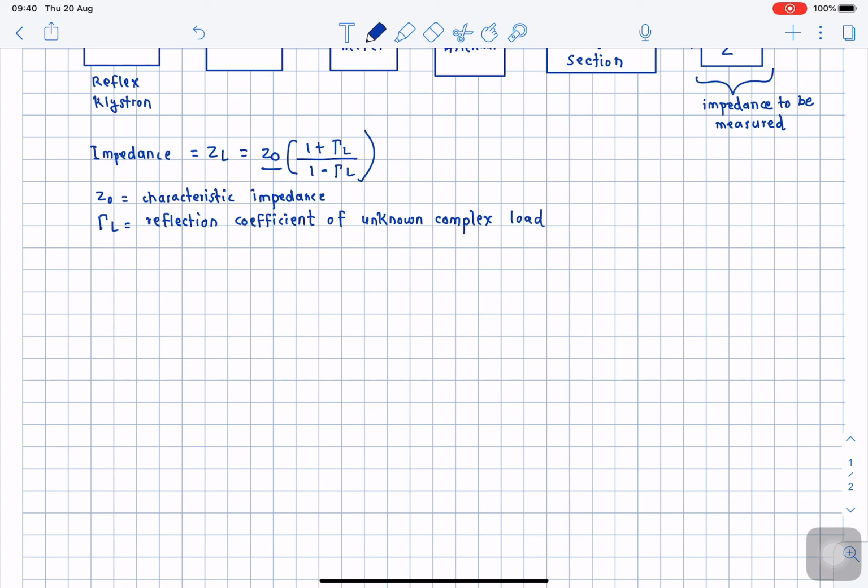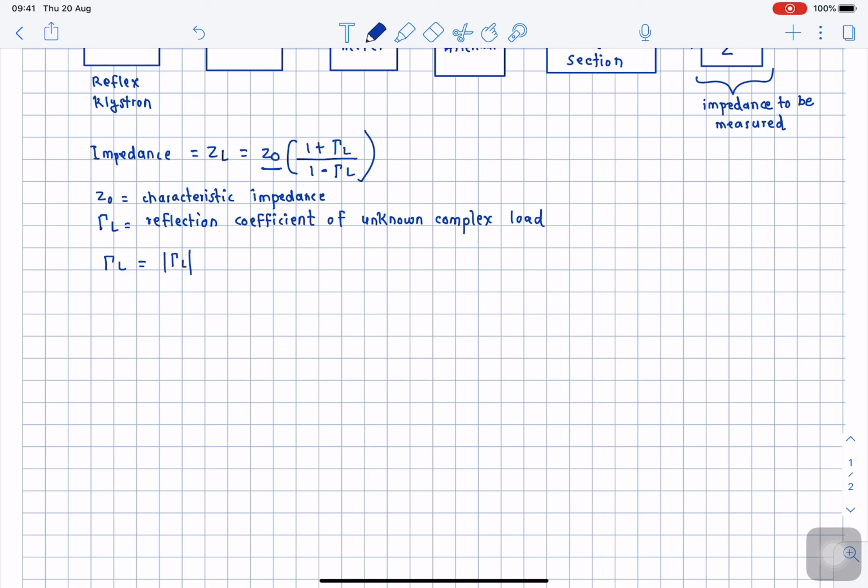So our aim is to measure the reflection coefficient of that complex load. How do we calculate the reflection coefficient? The reflection coefficient is given in terms of its magnitude, mod gamma L, and phase.